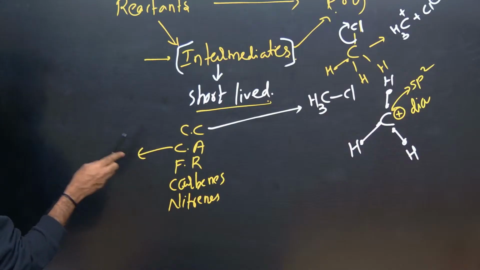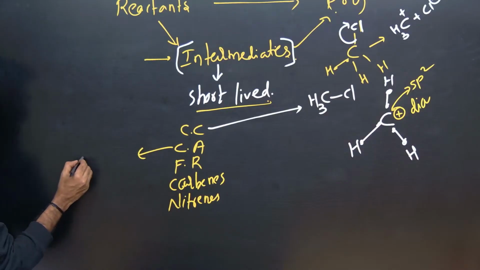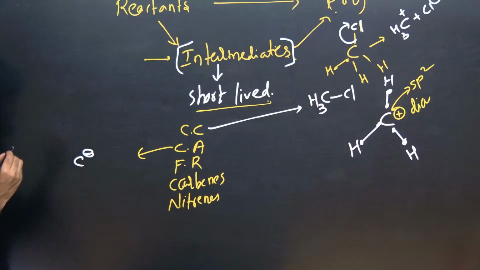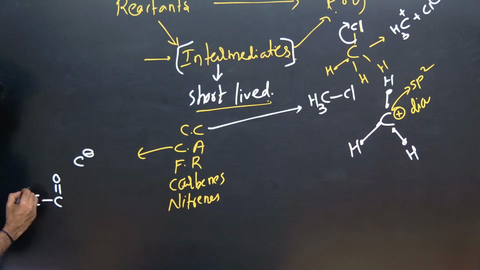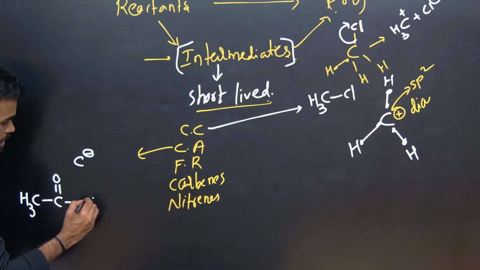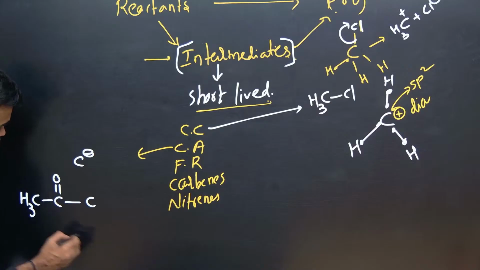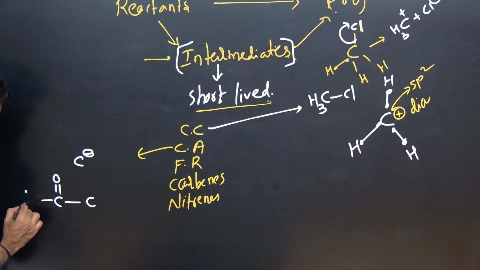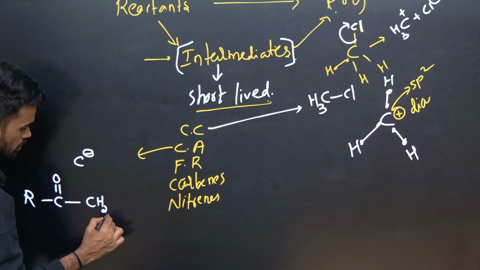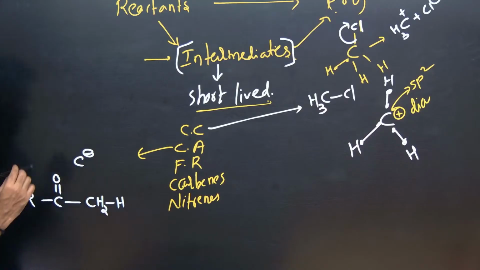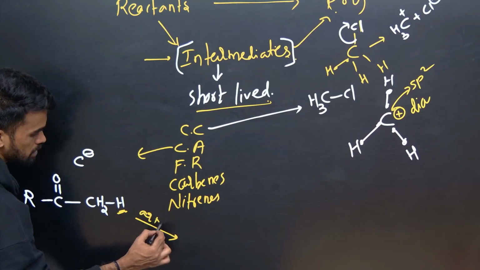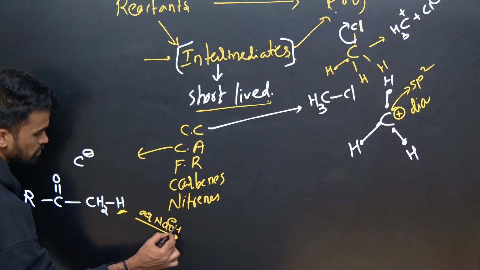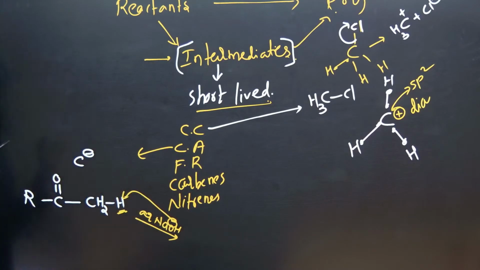Next, carbanion means on the carbon atom there should be a negative charge. That's it. Whenever we have an acidic hydrogen on carbon, for example here 3 hydrogens are there, I am highlighting one hydrogen from that. When we treat this with aqueous base NaOH, the base will abstract this proton. Proton accepted and gone.